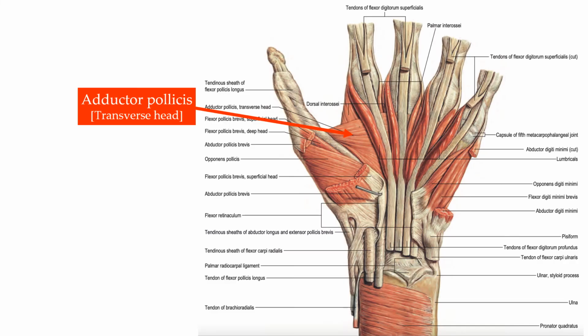This illustration is to show you the placement of adductor pollicis. This is the first digit, this is the second digit, and hence this is the first web space. So the first web space on the palmar side is occupied by adductor pollicis. These are the transverse fibers of the transverse head of adductor pollicis.